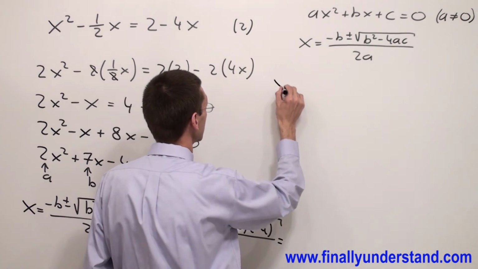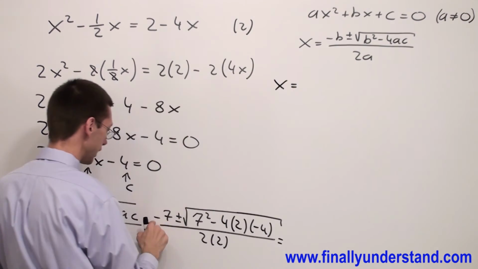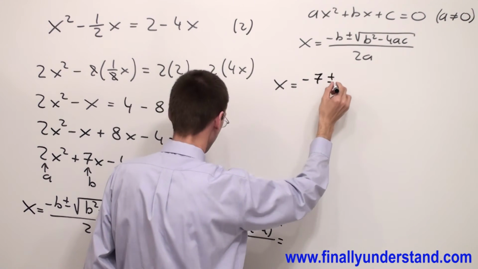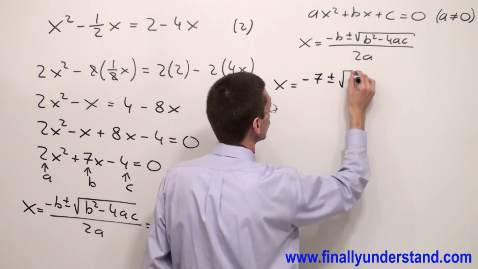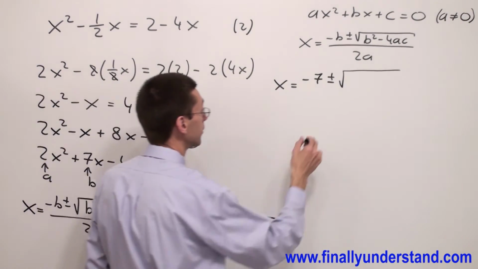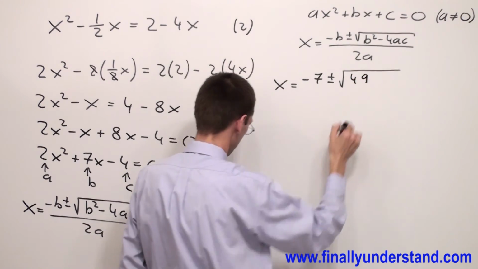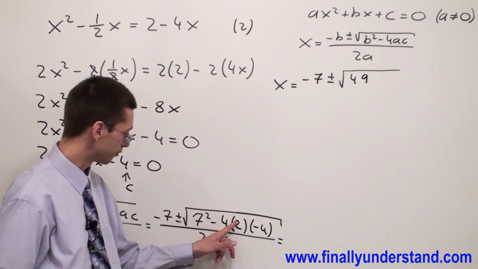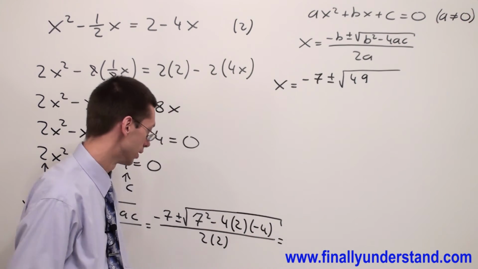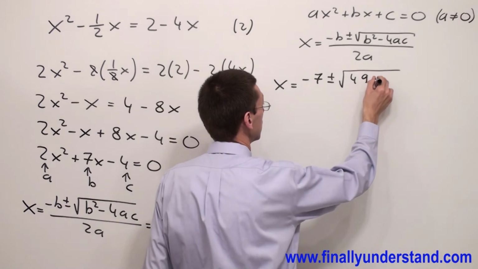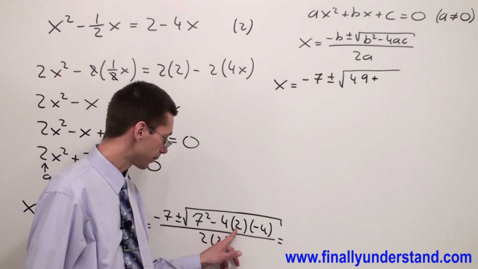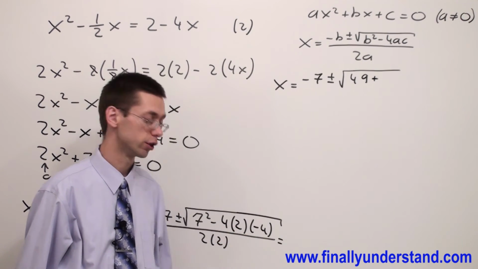I have x equals negative 7 plus or minus the square root. 7 squared is equal to 49. Negative times an invisible positive is negative. Negative times negative gives me positive. That's why I'm going to write positive. 4 times 2 is 8. 8 times 4 is 32.